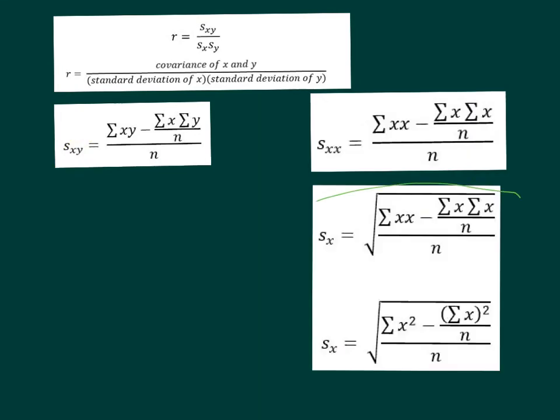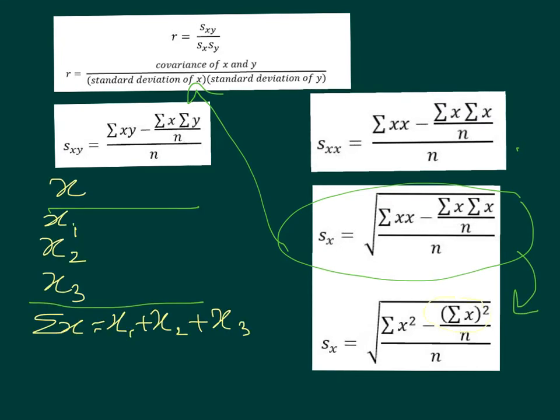The square root of the variance of x is the standard deviation of x. So here is the formula for the standard deviation of x, and usually this is written as this. Note for sum of x, for this set of data, it is x1 plus x2 plus x3. So we have to sum up all the x's first and then square.